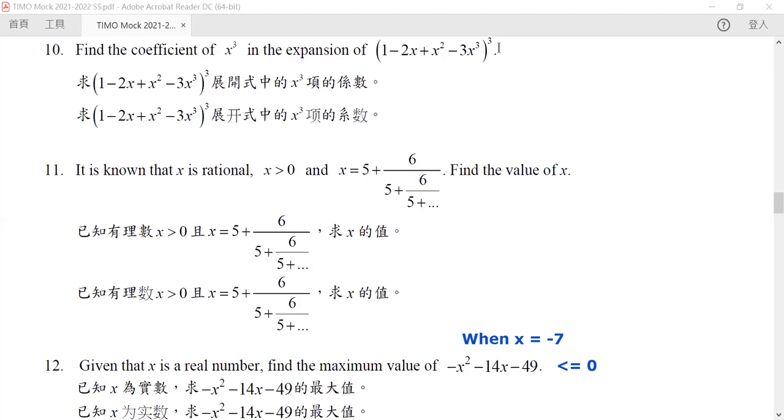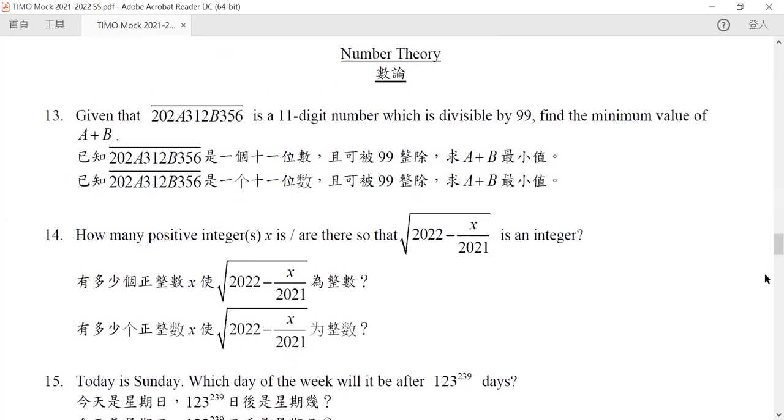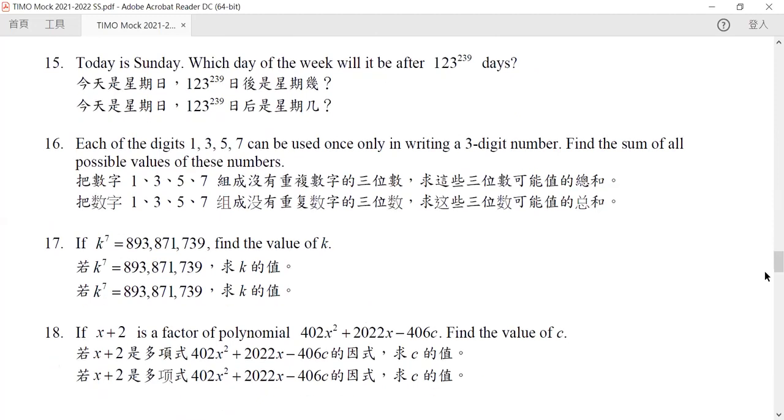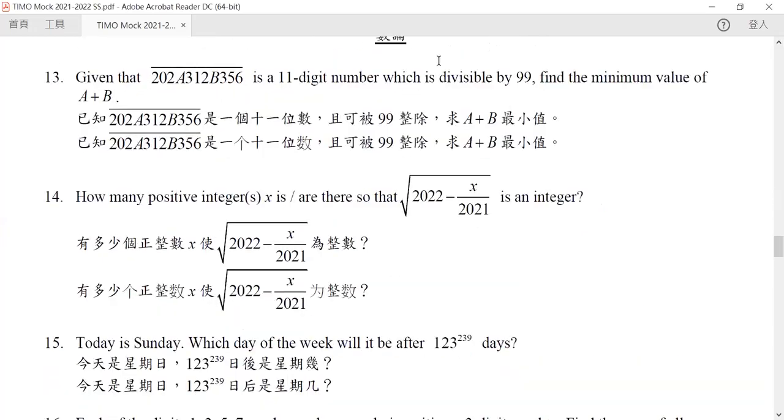Okay, so now let's go to our next question, which is question 15. Today is Sunday. Which day will it be after this date? Again, it is the same. What's the answer of question 13? Question 13 is equal to 12, right? Because if it needs to be divisible by 9, then the possible values of a plus b can only be 3 or 12.